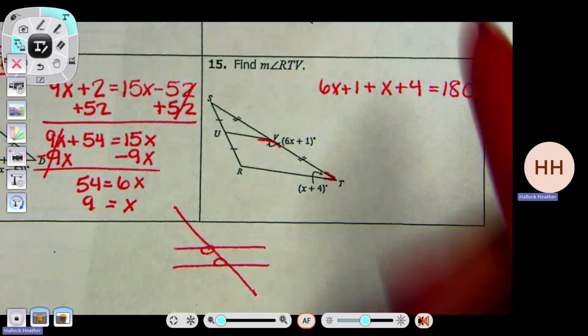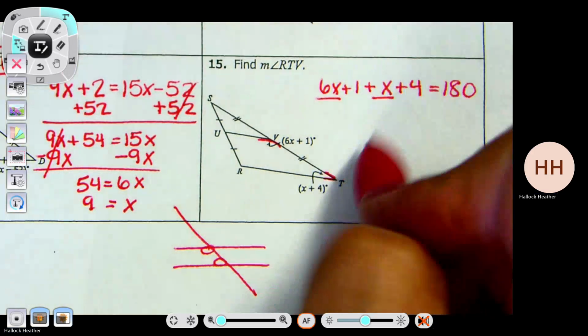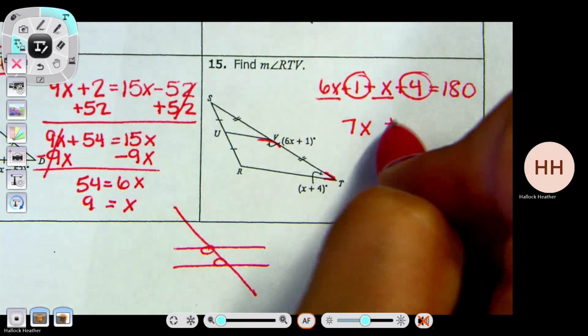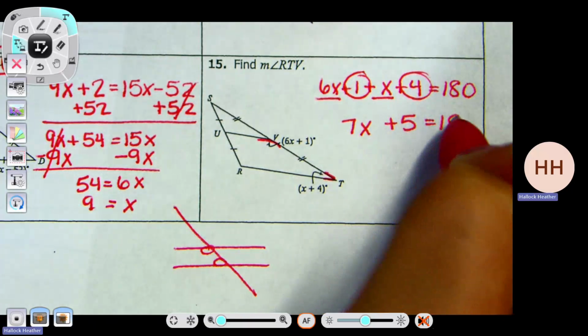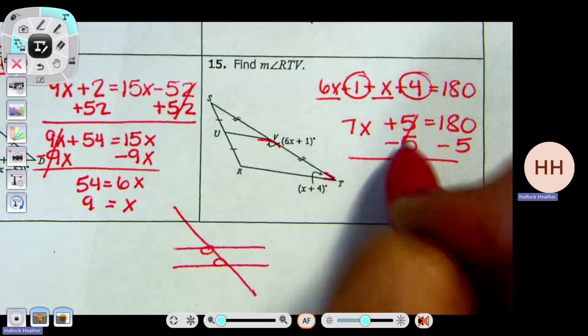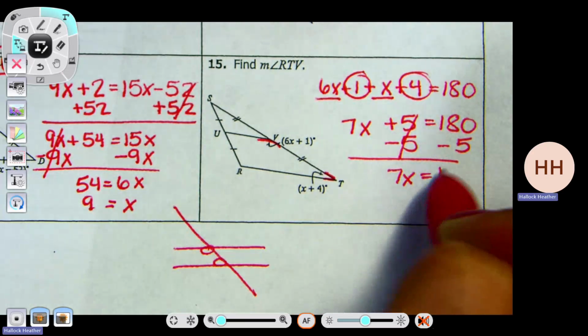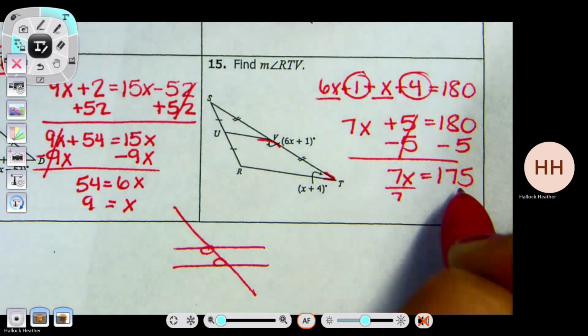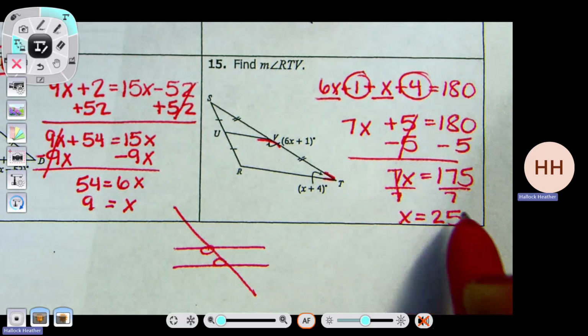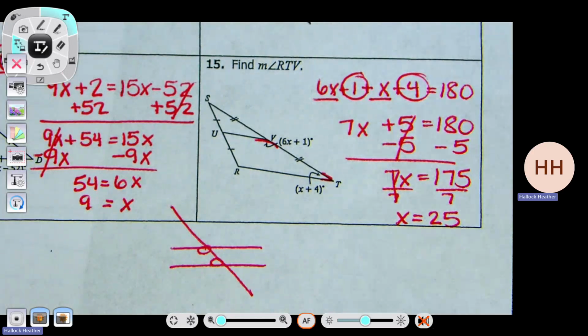And it makes a 2-step equation. And then figure out where you're going to plug it into. 6x and 1x should come together, and then 1 and 4 should come together.